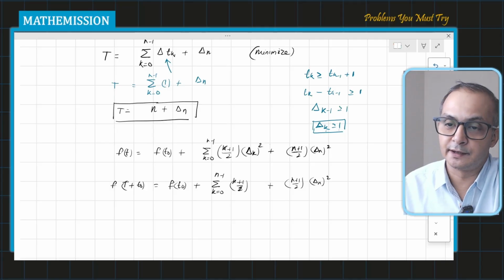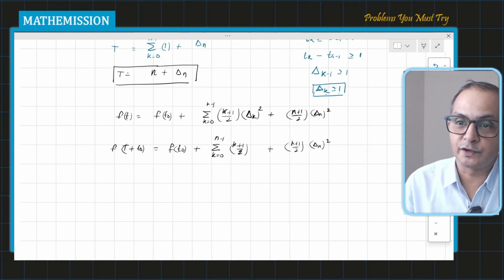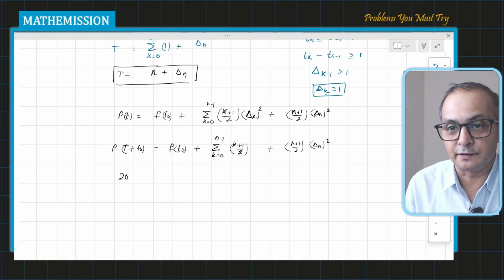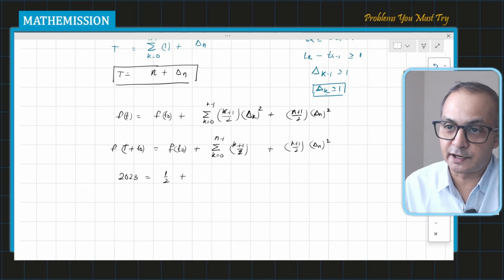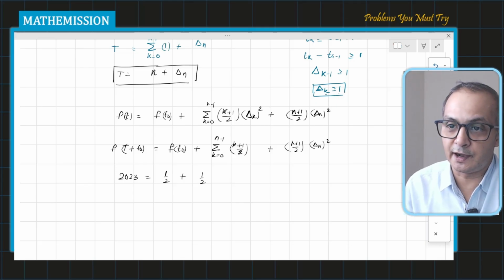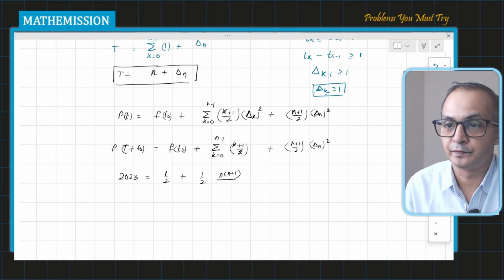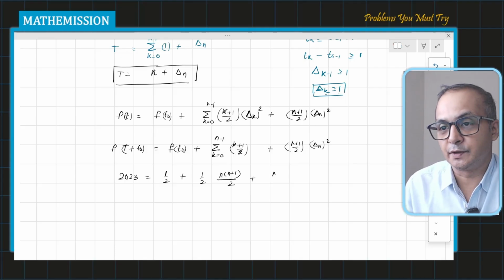Now what is the plan? The plan is that this value is given there, that is 2023. This Ft naught is also given, that is half, and this is the summation from 0 to n minus 1. So this can be half here, and this is going to be n into n plus 1 by 2, plus again n plus 1 by 2 and delta n square.